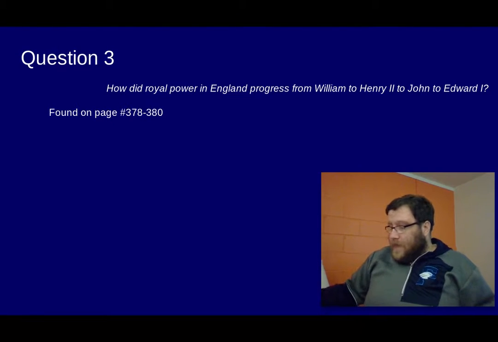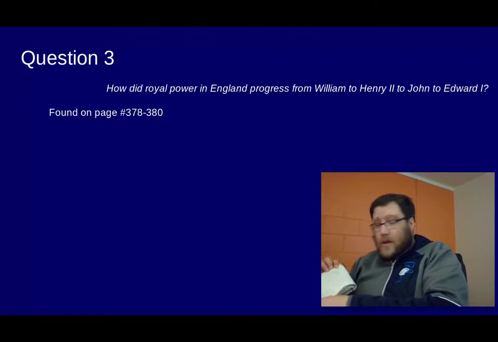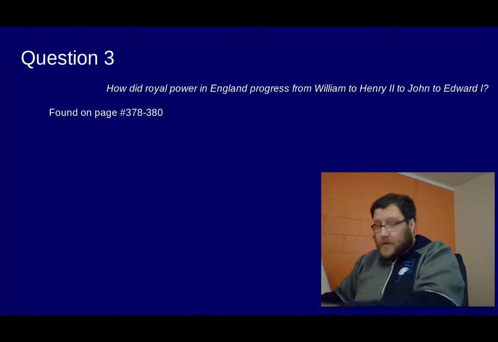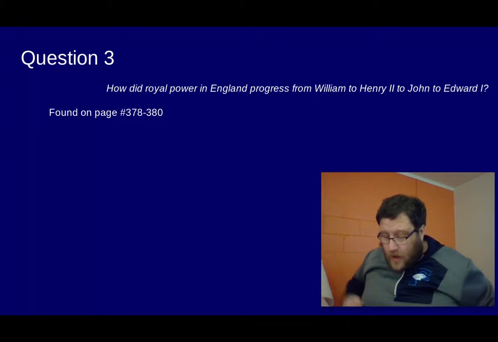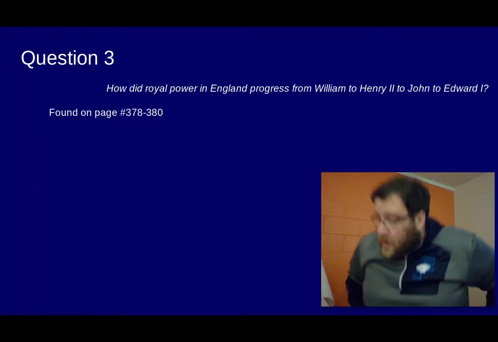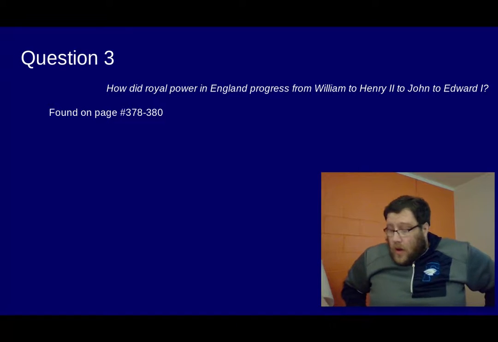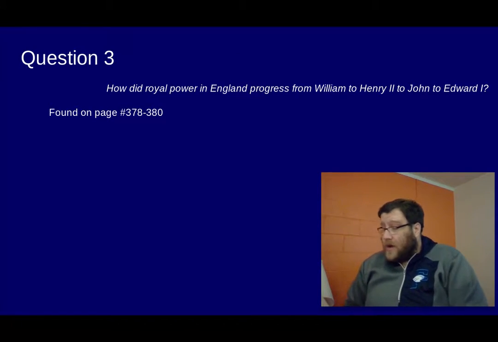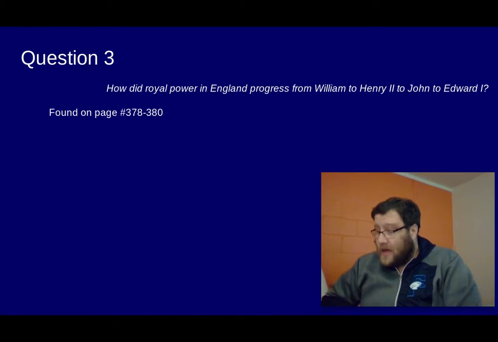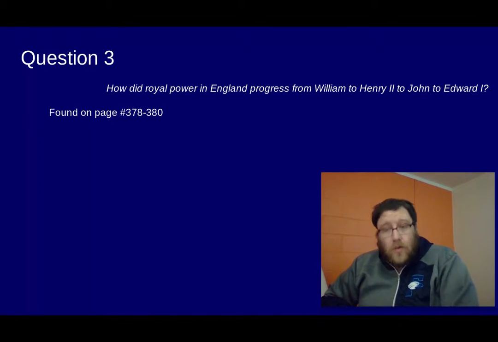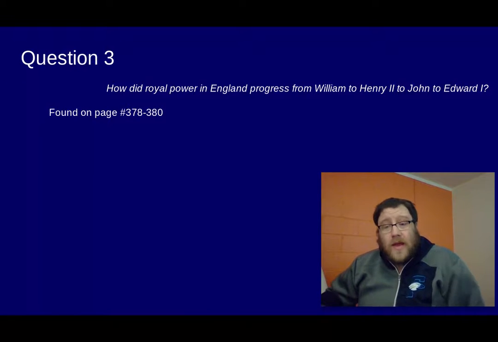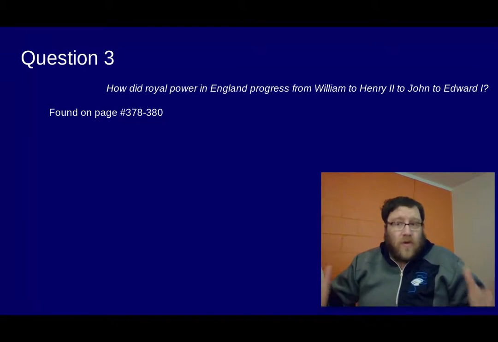So let me get this out. If we're starting with William the Conqueror, in 1066, an Anglo-Saxon king died, and a noble by the name of Harold Godwinson claimed the throne of England.